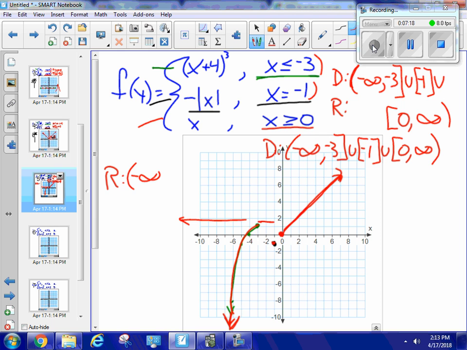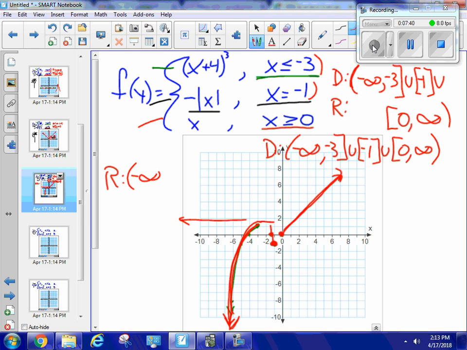The fact that there's a gap in the y values from this point to there, and from this point to there, makes no difference because I've got it all covered with my green function. The green function has all those y values up to positive 1.